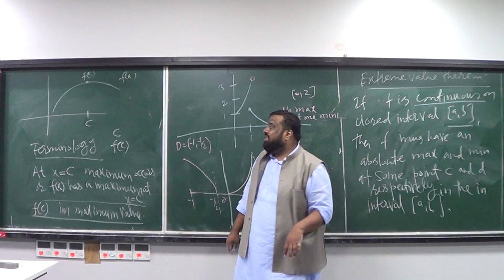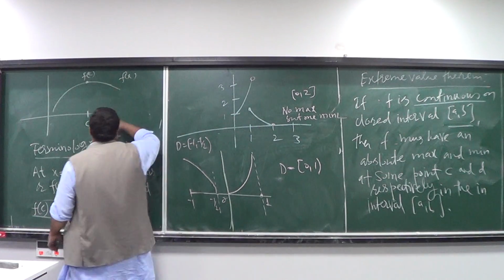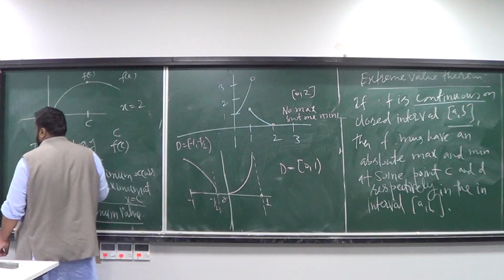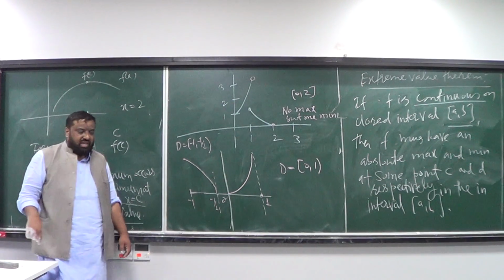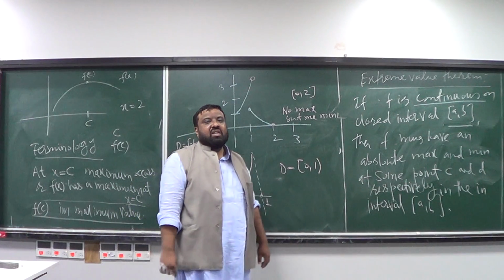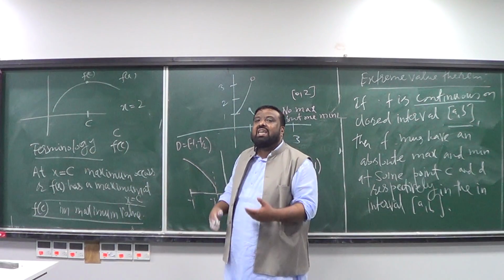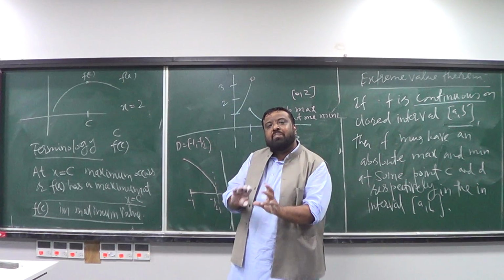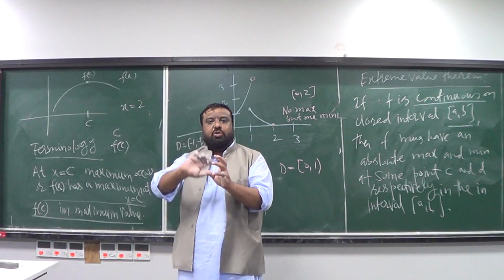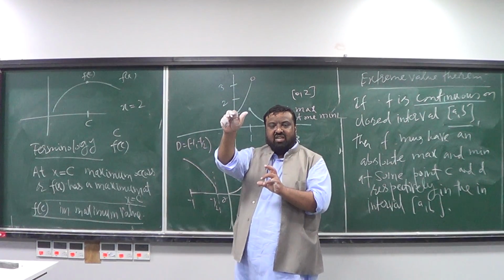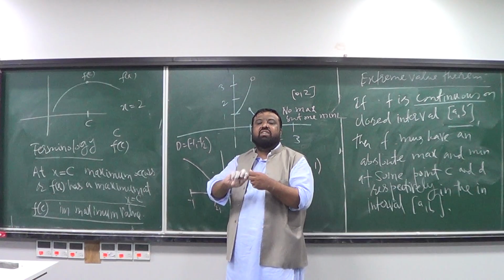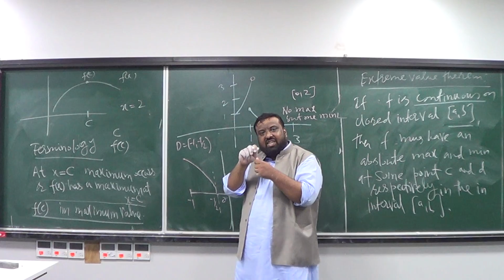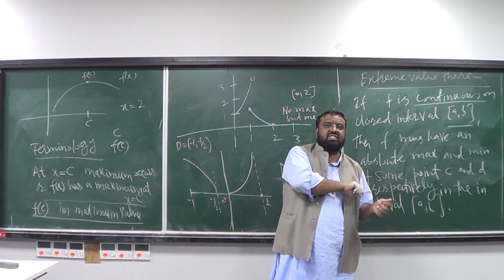Sometimes you will read that the function has a maximum at x equal to 2. It doesn't mean that x equal to 2 is the maximum. It means that x equal to 2 is the input which gives you the maximum output value, or the input where f of x gets the minimum value.